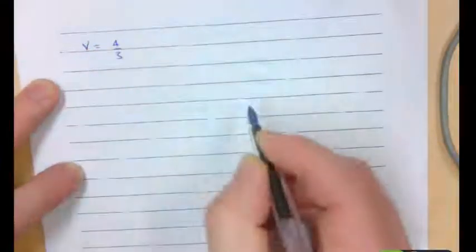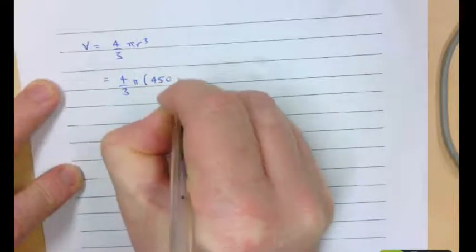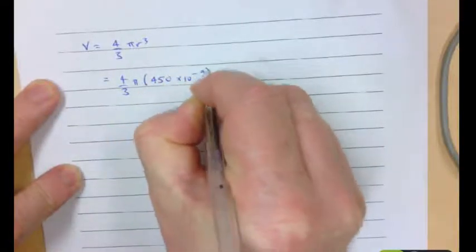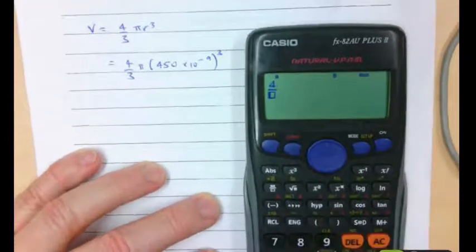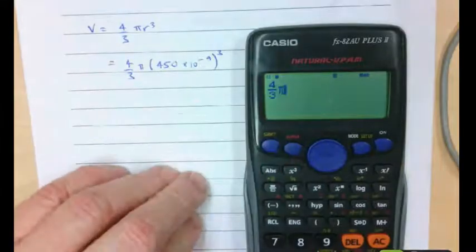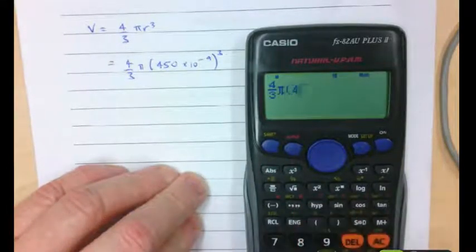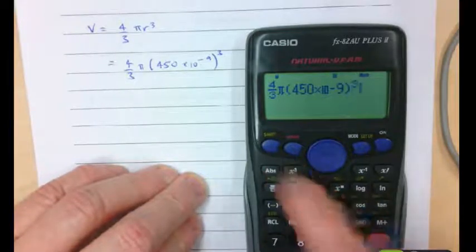The volume of a sphere is 4/3 pi r cubed. So it's 4/3 pi, and the radius was 450 times 10 to the minus 9, because it was nanometers, cubed. Putting that into our calculator. The radius is 450 times 10 to the minus 9, and it's cubed.